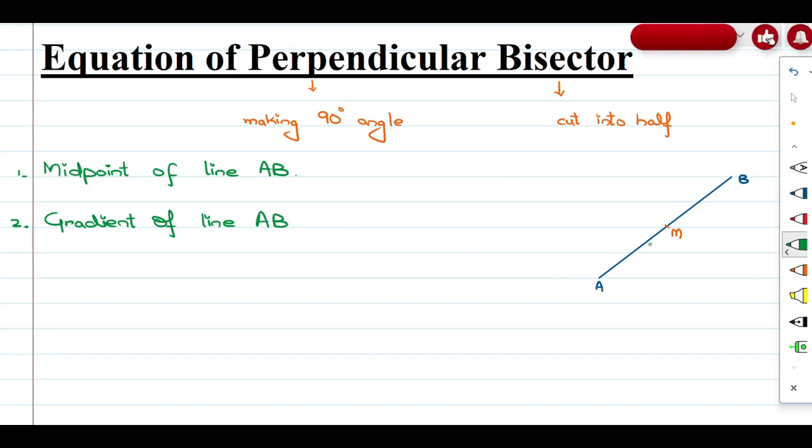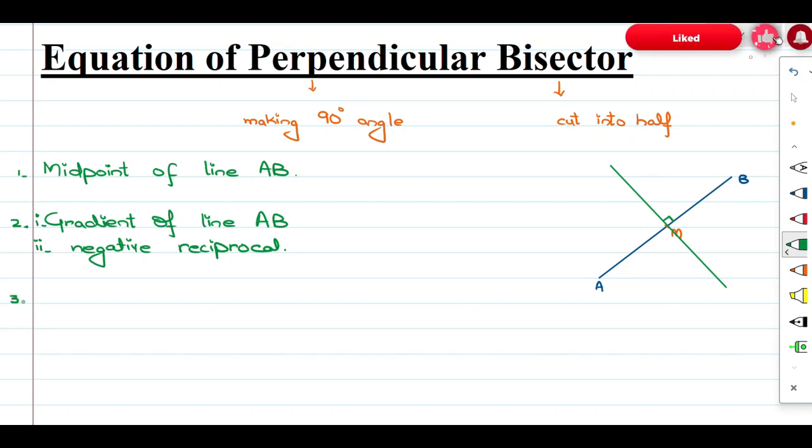Once you have the gradient of the line AB, you need to do its negative reciprocal, because for perpendicular lines, as we have done in the previous video, this line and its perpendicular line, their slopes must be negative reciprocals. Okay, so if I cut this, this green one is its perpendicular bisector, right?